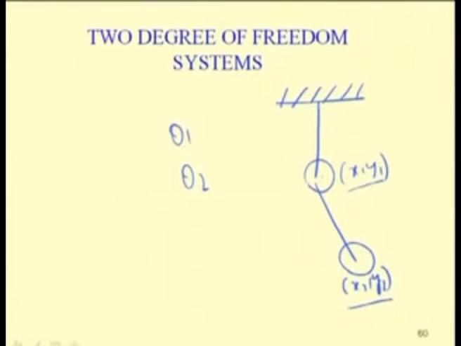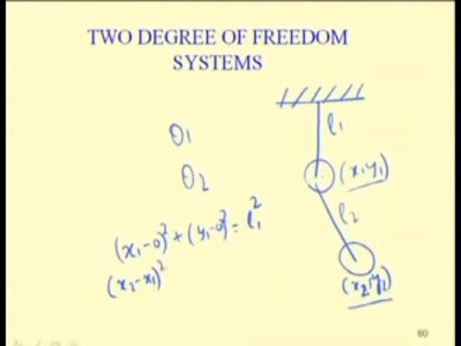So, the constraint equations are, let this length be L1 and this length be L2. So, one can have the constraint equation x1 minus 0 whole square plus y1 minus 0 whole square equal to L1 square, or x1 square plus y1 square equal to L1 square, and similarly here x2 minus x1 whole square plus y2 minus y1 whole square equal to L2 square.